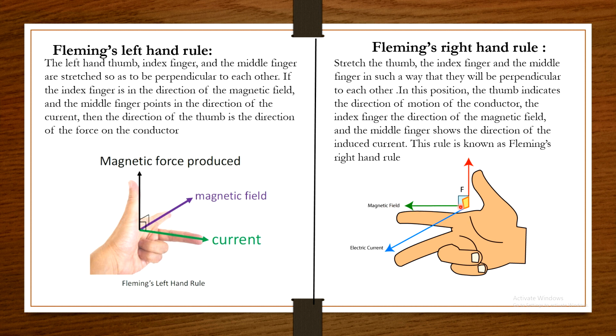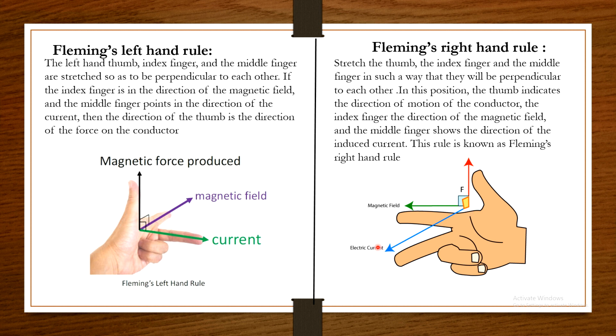If force is applied, then the magnetic field is produced, and when the magnetic field is produced, an induced current is produced. So this happens in a generator, because here we require first force, then the magnetic field is produced, and then the current is induced.